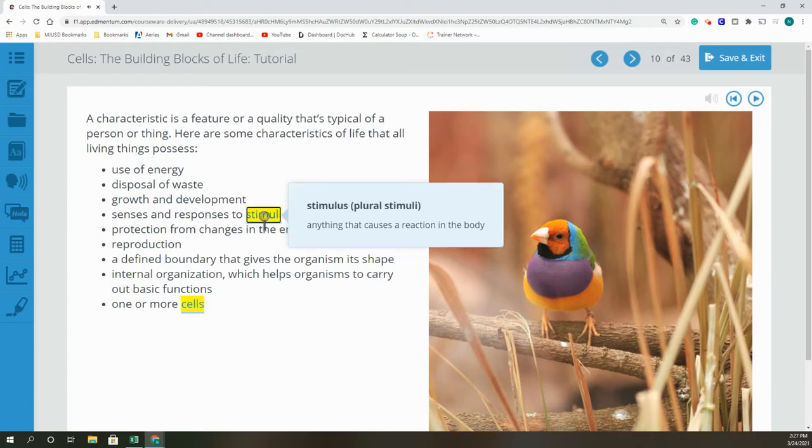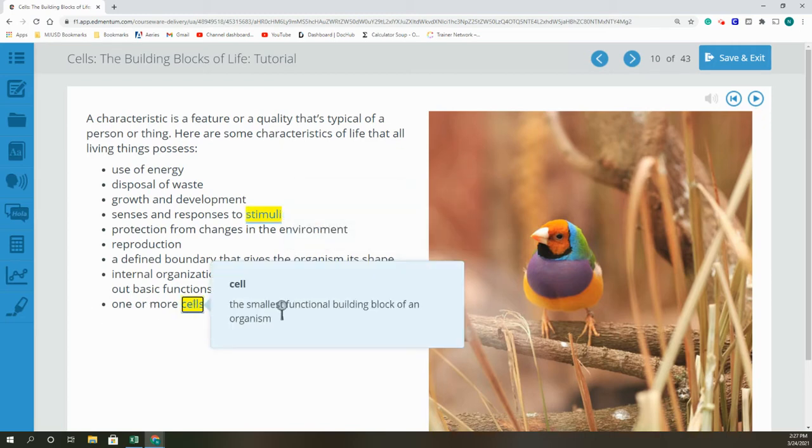Stimuli. The singular is stimulus, which is anything that causes a reaction in the body. Cells. The cell is the smallest functional building block of an organism.